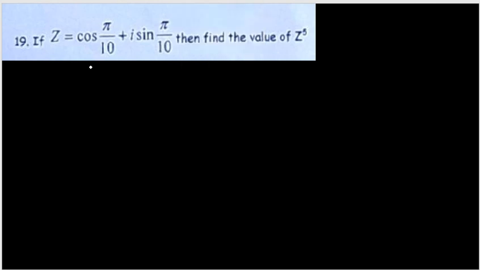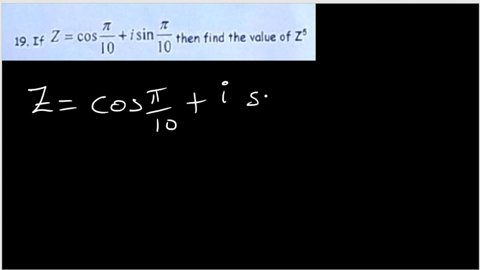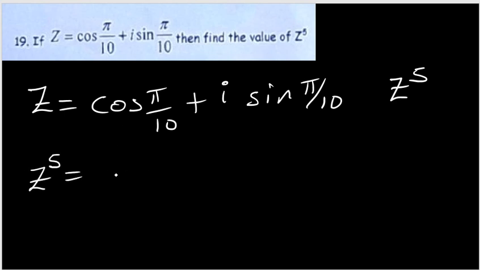Next, we are given the complex number z, which is cosine of pi over 10 plus I times sine of pi over 10. And then we are asked to find z to the power of 5. There is no r here, the r is just 1. So z to the power of 5 is equal to, this exponent will multiply the coefficient of the theta.